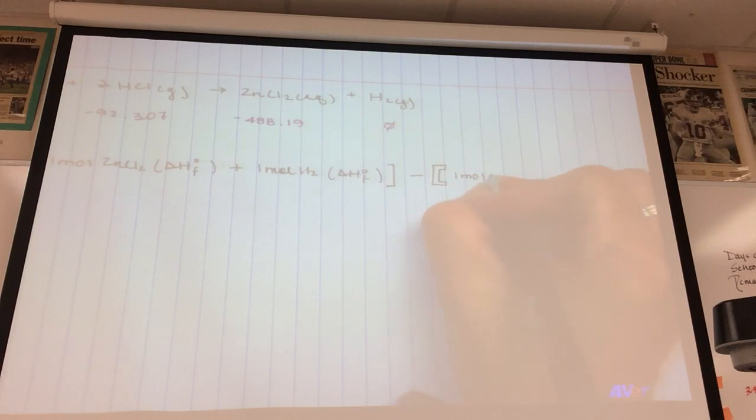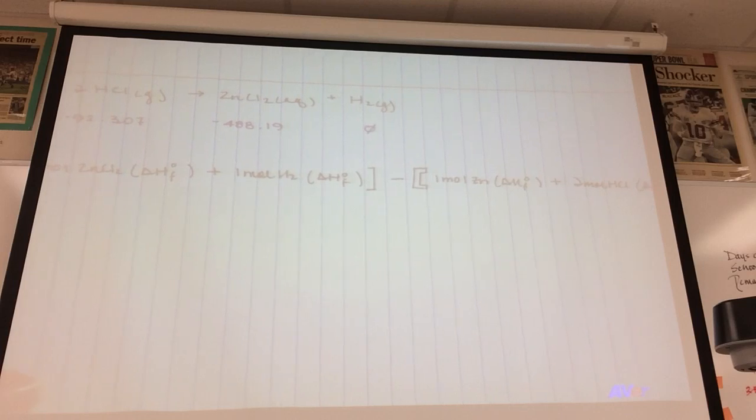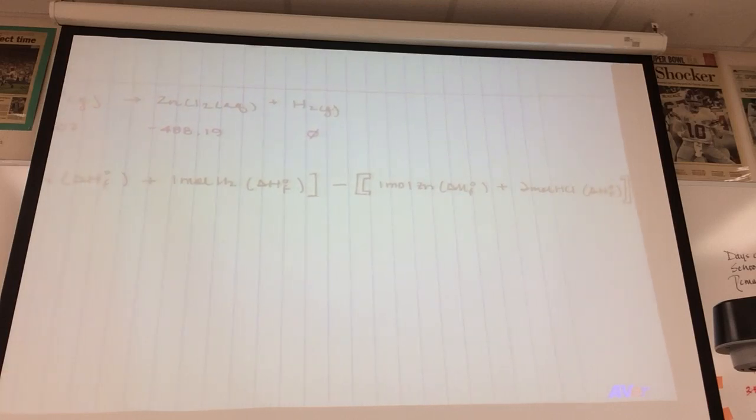One mole of zinc, that's my first reactant, its delta H of formation, plus 2 moles of HCl, its delta H of formation, and that's why I wrote it that way. The first line setup just makes a very long chain. I won't require you to write this line setup here. I just thought it might be helpful as an introductory example.